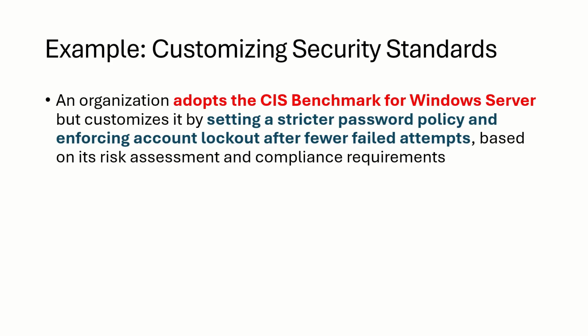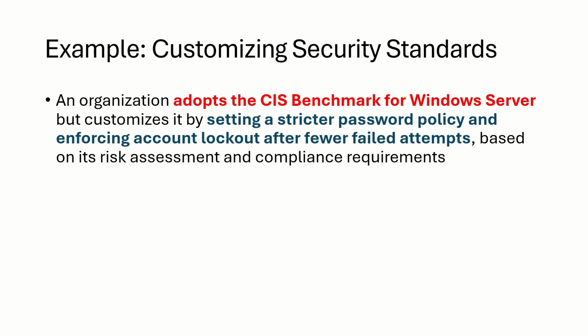A classical example for customizing security standards would be the following. Let's say that your organization has adopted the CIS benchmark for Windows Server, and this is going to be like the baseline security. How will it want to customize this, for example?